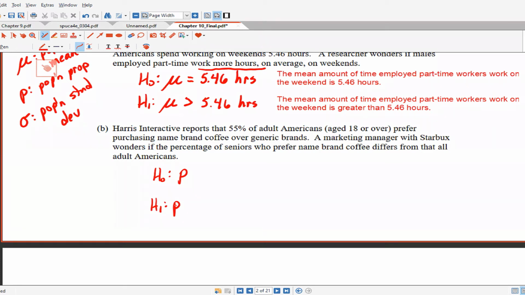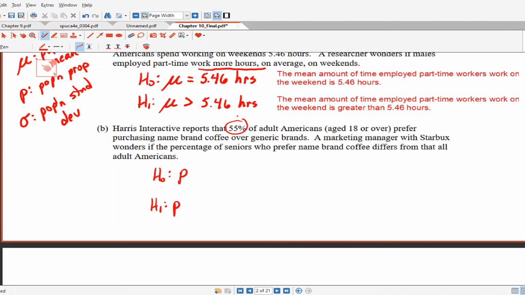So you either have the characteristic that you prefer name brand or you don't, right? And so that's a qualitative variable, which has two possibilities. Either you prefer it or you don't. So that tells you in some regard, hey, this has got to be a proportion. Plus the fact that we're giving you the fact that 55% of adults have that characteristic.